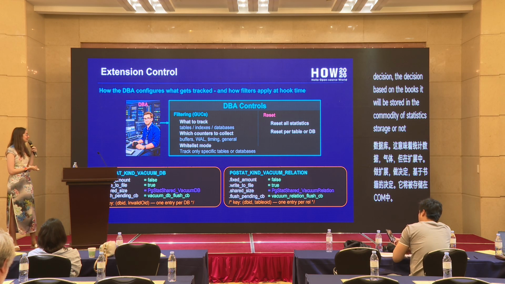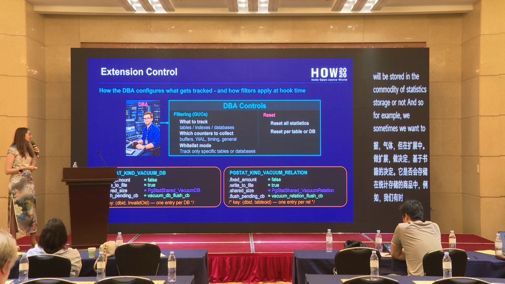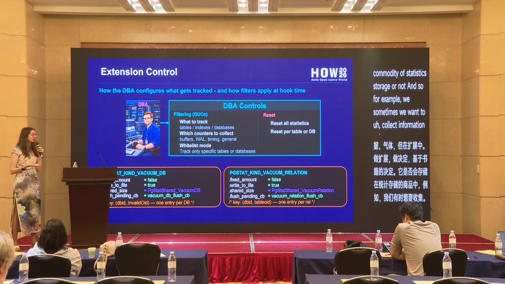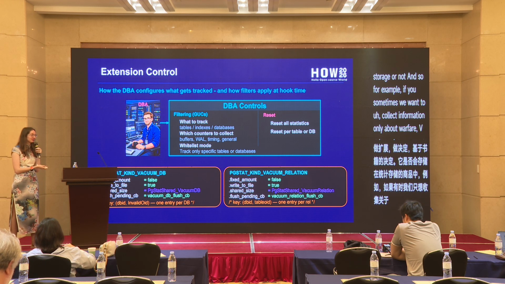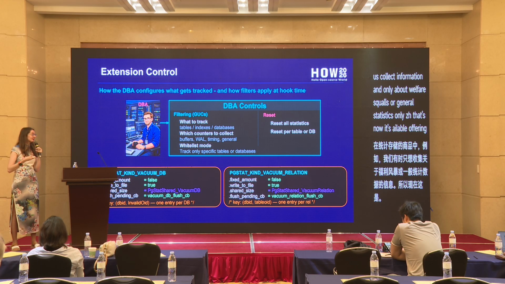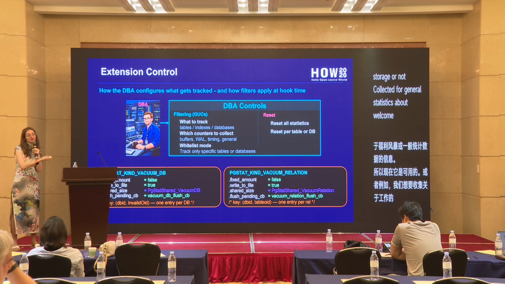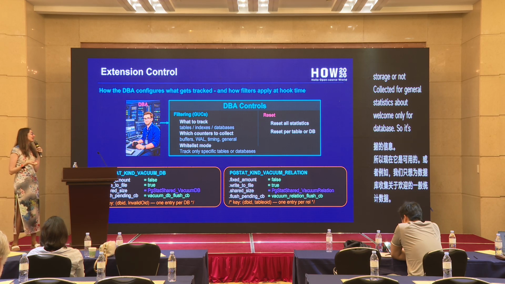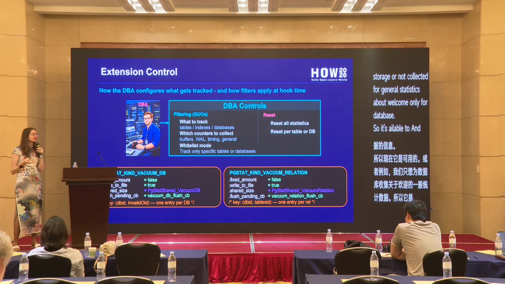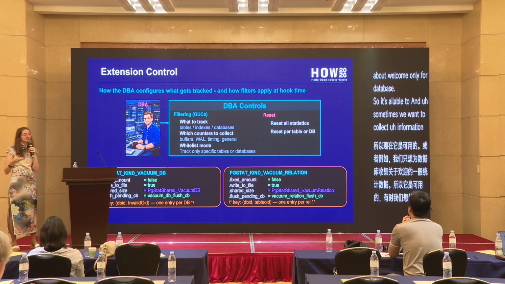Sometimes we want to collect information only about buffers, WAL, or general statistics. So now it's available. Or we want to collect general vacuum statistics only for the database. That's available too. And sometimes we want to collect vacuum statistics only for particular objects.